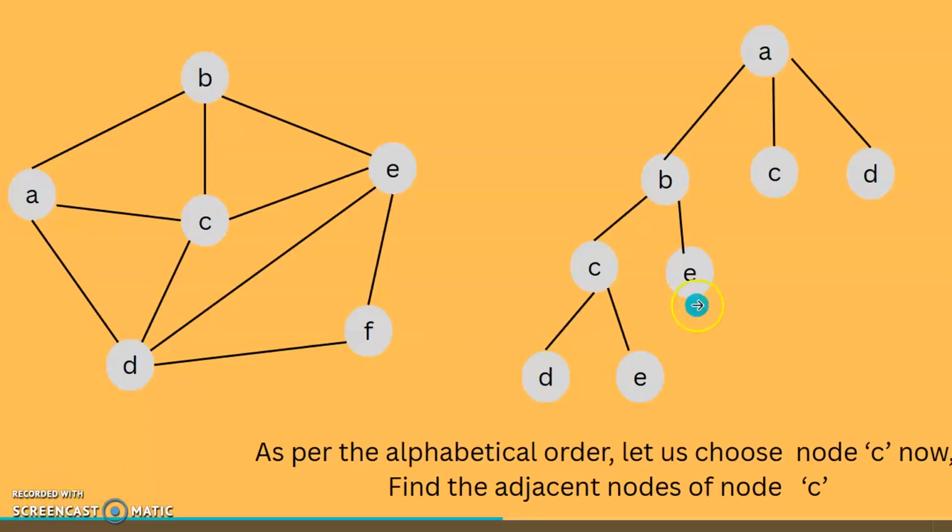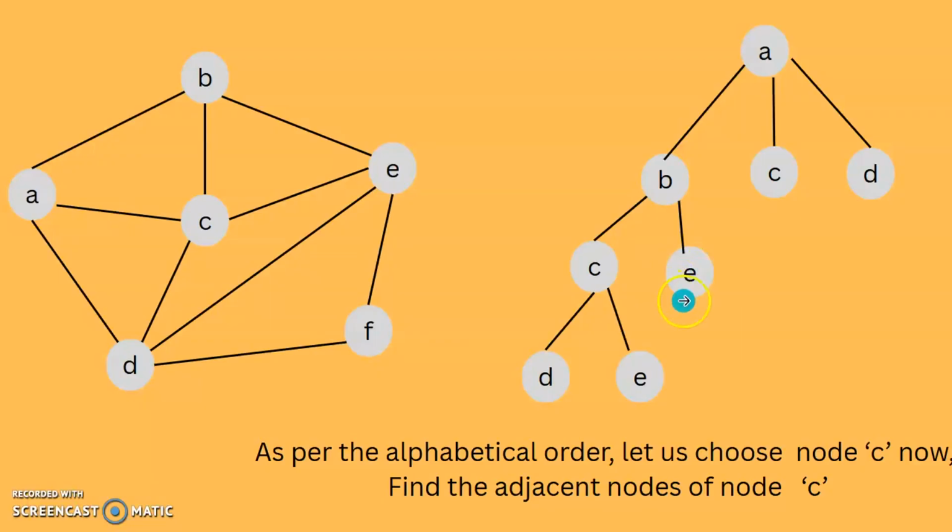You may have a doubt that node E already comes here, but again I have included it here. The reason is, when you consider this path, we have to take into account only whether the node is visited in this path. The E visited here is not in this path. So that is why I have included E here.